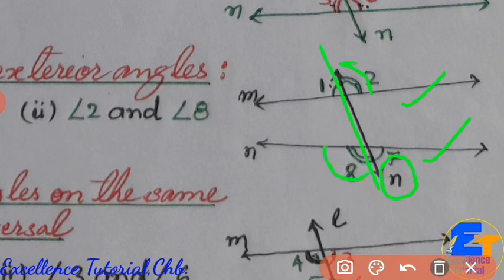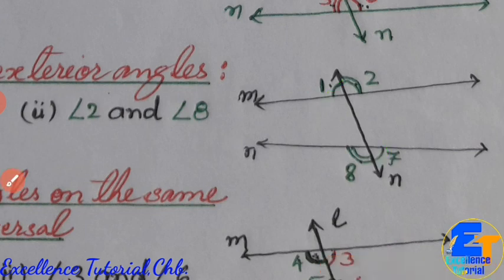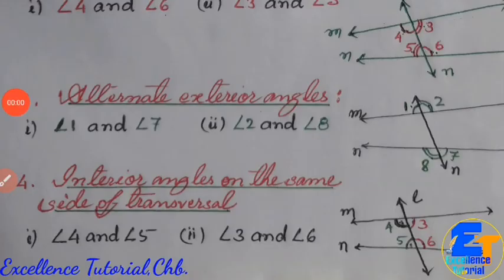The alternate exterior angle of angle 2 will be angle 8. This pair of angles are called alternate exterior angles. In the same way, angle 1, the alternate exterior angle of angle 1 will be angle 7. Such pairs of angles are called alternate exterior angles.